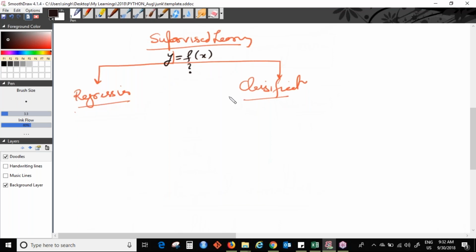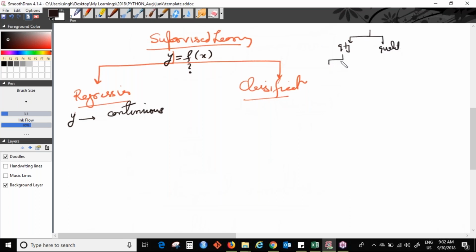Why do we divide them into two classes? Regression is where y is continuous. Remember we had talked about the different types of variables used in statistics. We have quantitative variables and we have qualitative.